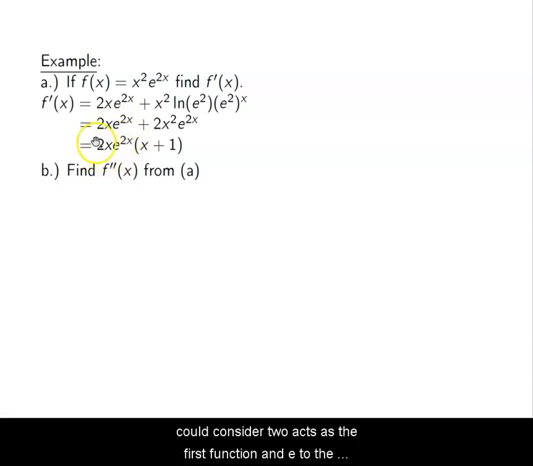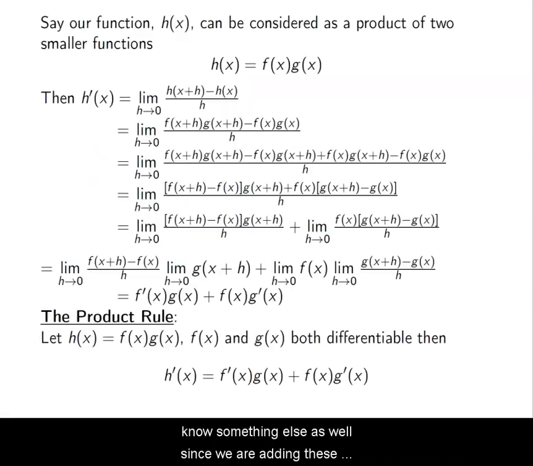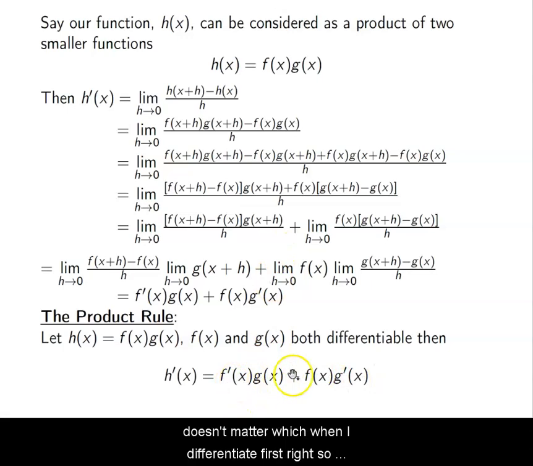If I wanted, I could consider 2x as the first function and e to the 2x times x plus 1 as the second function, but that's probably a lot more work, honestly. So I'm going to consider this one as the first function, and I want you to notice something else as well. Since we are adding these two separate derivatives for our rules here, it actually doesn't matter which one I differentiate first, right?